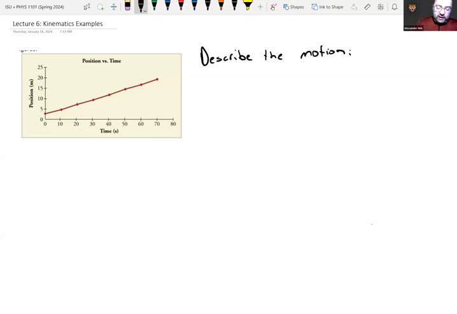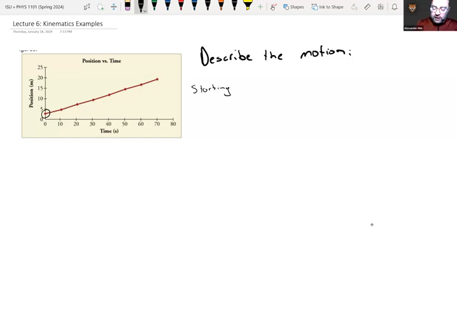So what I would say is, it looks like it's starting at a certain point. You want to say the starting point, and for that you want the position at time t equals 0. Notice it doesn't start at 0; it starts a little higher.